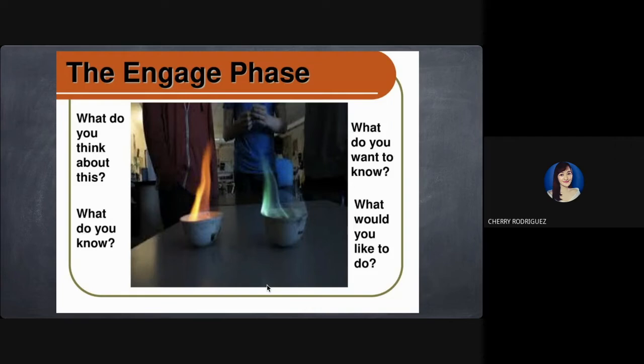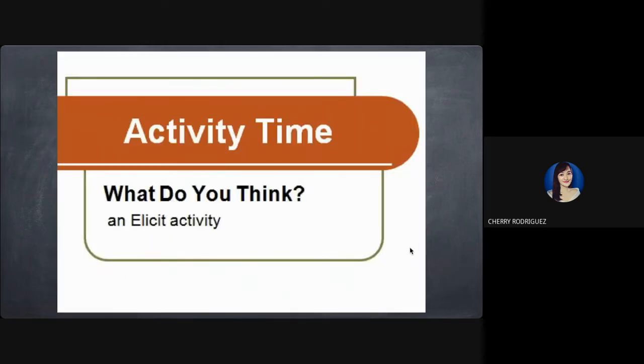We could have differentiated activities assigned to group one, different from groups two, three, and four, related to the topic or your discussion. So, what do you think about this? What do you know? What do you want to know? What would you like to do now, in this engage phase?